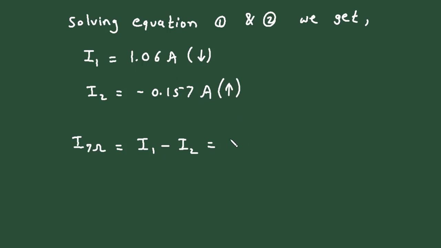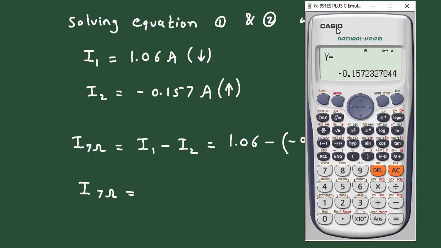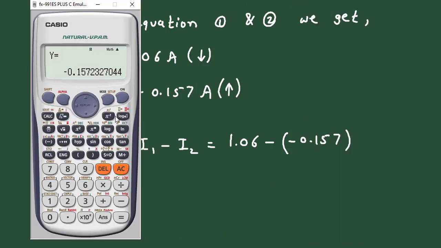So the value of I1 is 1.06 and the value of I2 is minus 0.157. So the resultant I7 ohm is equal to 1.06 minus in bracket minus 0.157.